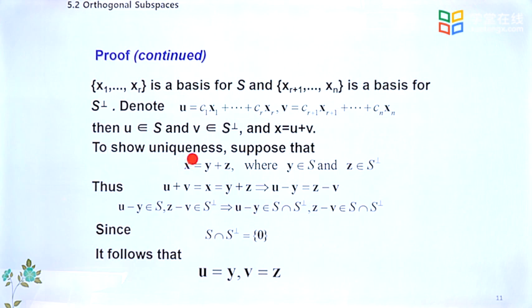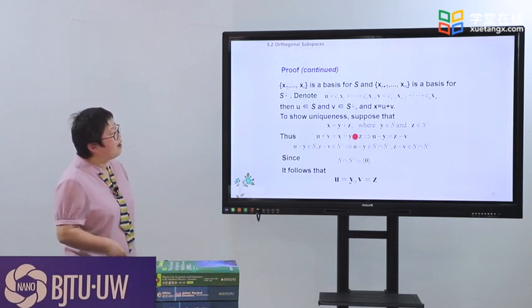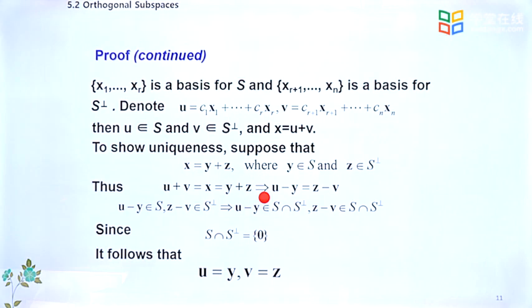In order to show the uniqueness, suppose that x can also be written as y + z, where y belongs to S and z belongs to S orthogonal complement. Then we will have u + v = x = y + z. This means u - y = z - v.